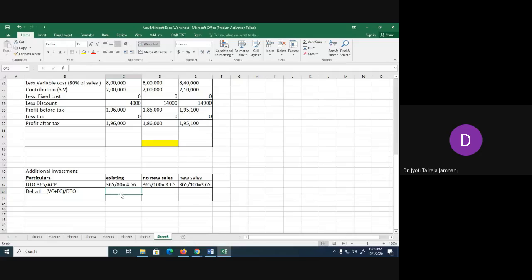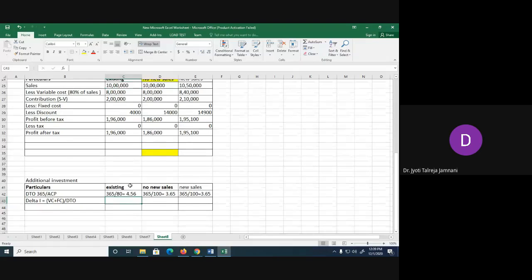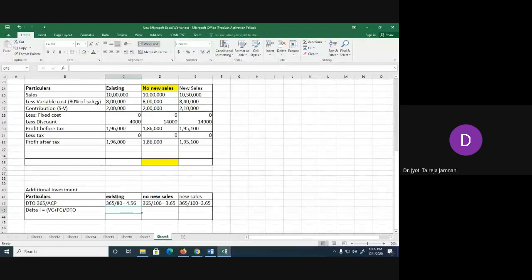Now we'll find the delta I, that is additional investment, variable cost plus fixed cost. Fixed cost is not given, so we'll take only the variable cost, which is 8 lakh, divided by 4.56. Then again 8 lakh divided by 3.65.